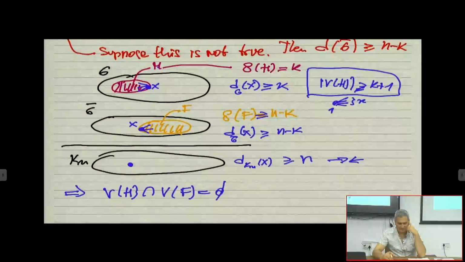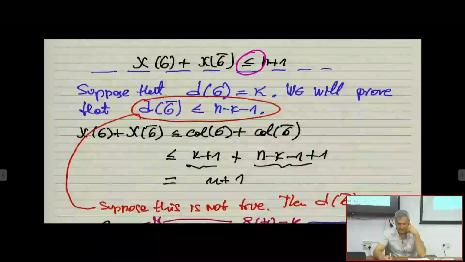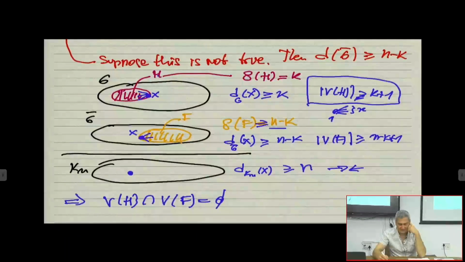And similarly, what is the size of the vertex set of F? If it has minimum degree n minus k, it will have at least n minus k plus 1 vertices. Do you agree with me?